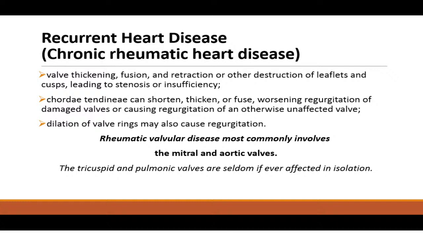As we said before, because acute rheumatic fever more often attacks the mitral valve and aortic valve, chronic rheumatic heart disease is a disease of the mitral and aortic valve, most of all. Tricuspid and pulmonic valves are seldom affected in acute rheumatic fever. That's why changes of these valves are also rare in chronic rheumatic heart disease.